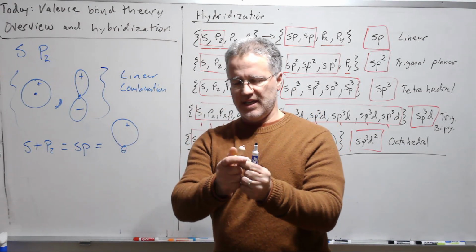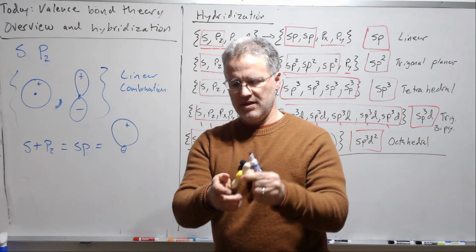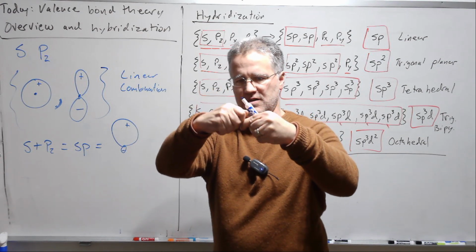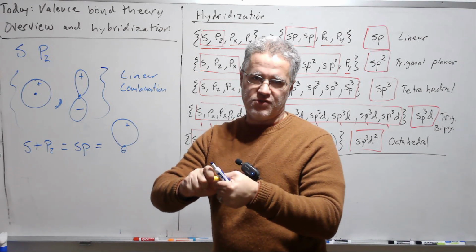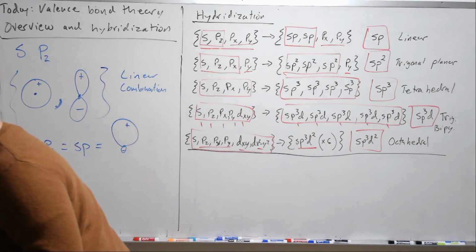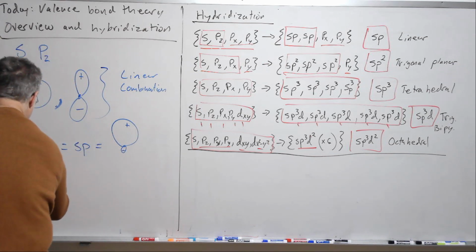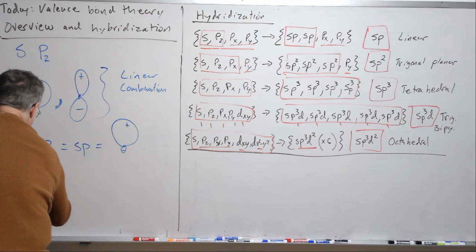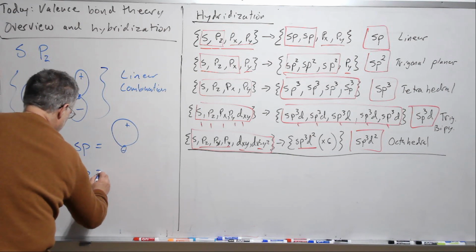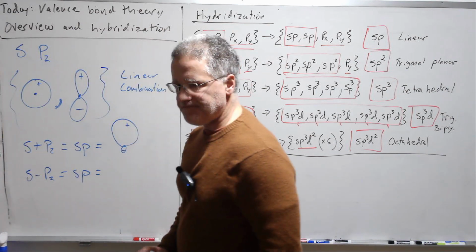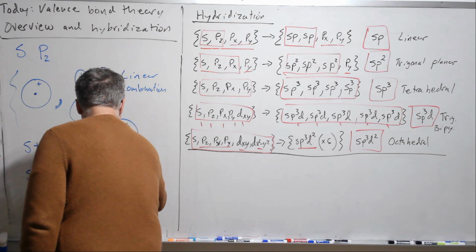Okay, well, how are we going to get the one that's pointing downward? We need this one now. Well, let's just take the subtraction of p from s. So s minus pz equals an sp orbital, but this is pointing downward.